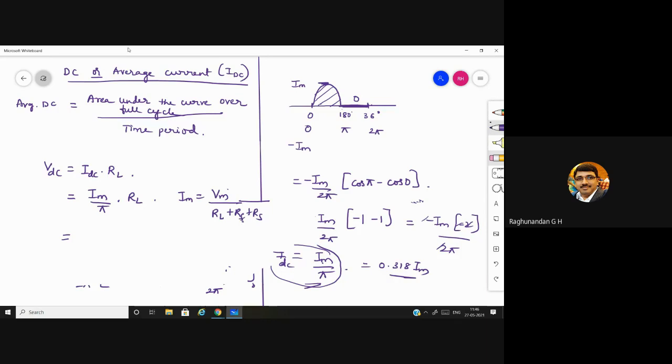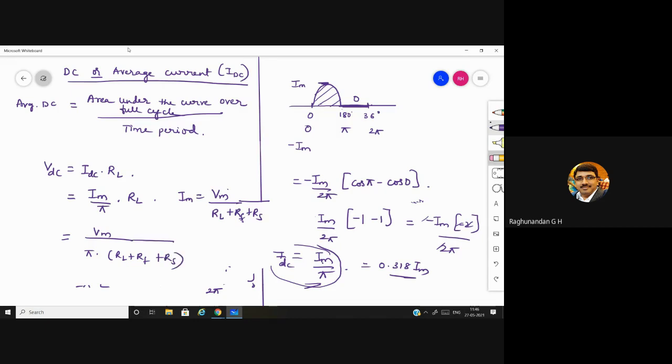RS is the secondary winding resistance, that is, the secondary coils of the transformer. Those coils offer some resistance, which is considered. So we write Vm by pi into RL plus RF plus RS.